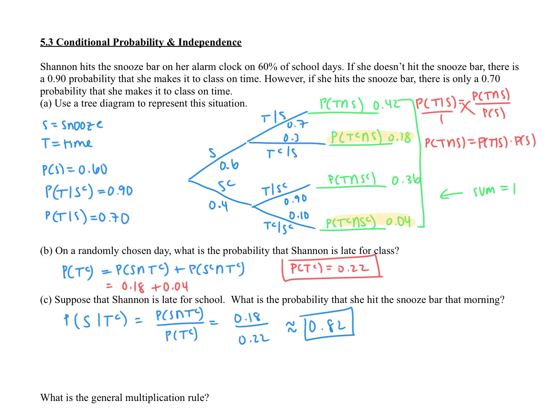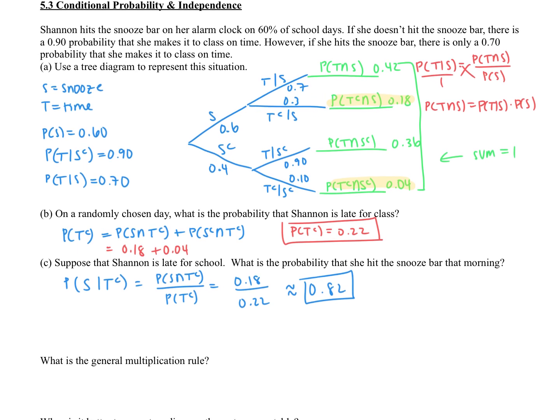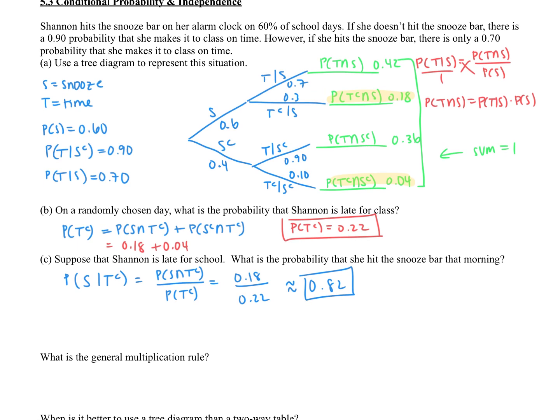So what this is telling us, if she's late for school, she probably hit snooze. So given that she's late for school, 82% of the time that she's late, she did hit snooze. Okay, we got 2 more things to write down and then we'll take a break. Questions for me?